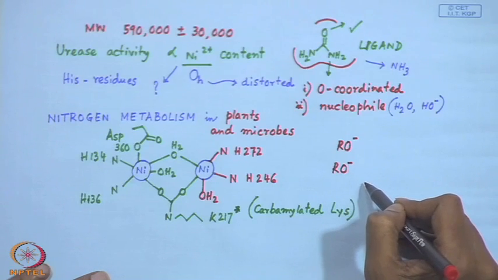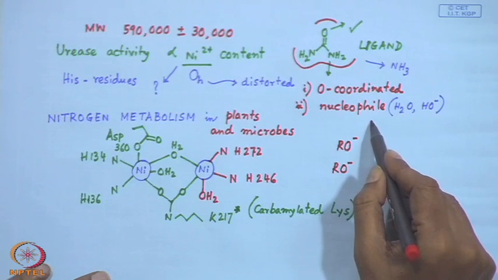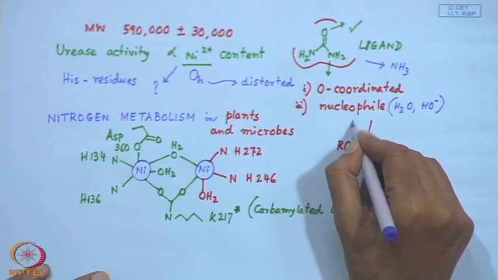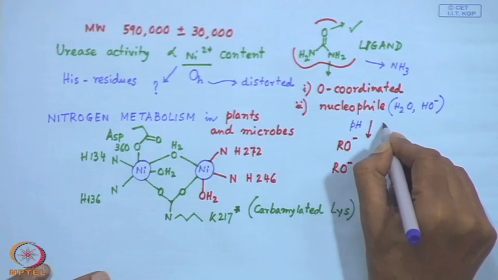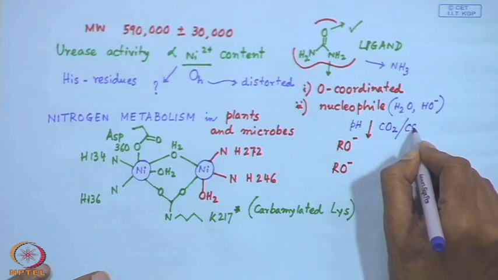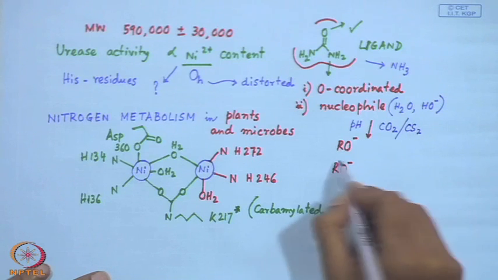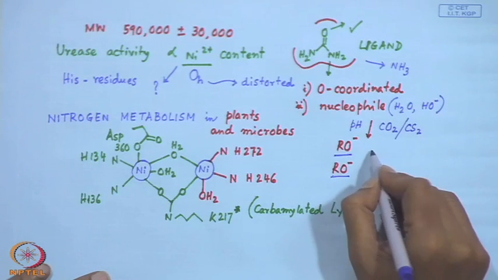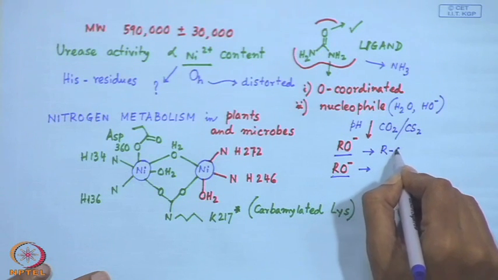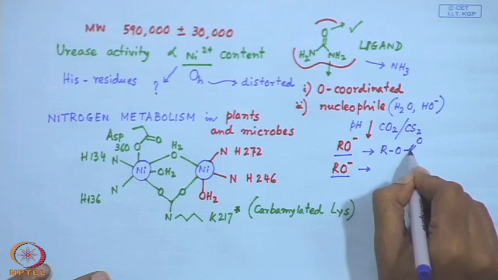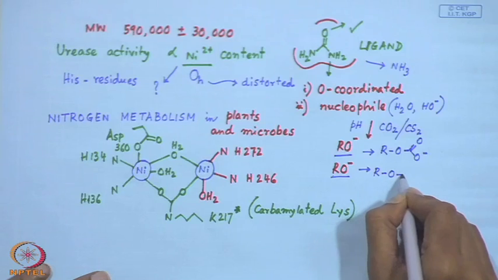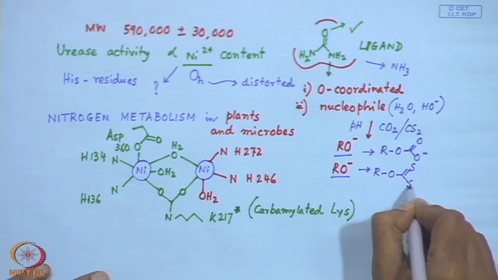But if your pH is suitable and in a carbon dioxide environment, or if you react with carbon disulfide, the bridging groups like RO minus can be transformed to the corresponding alkyl carbonate ROCOO minus. This is also true for xanthate, C double bond S minus.